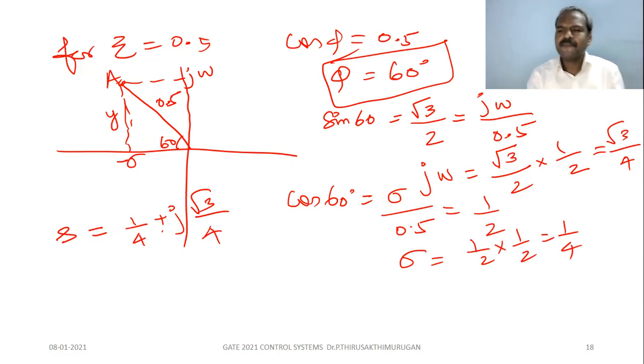So what is the gain? Okay, what is the gain on the root locus? Understand or not? So let us substitute the pole in the equation.